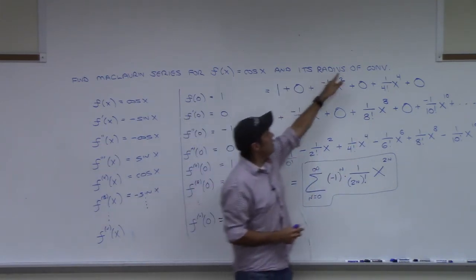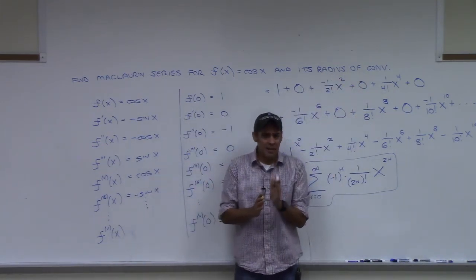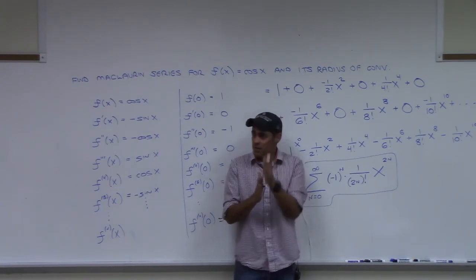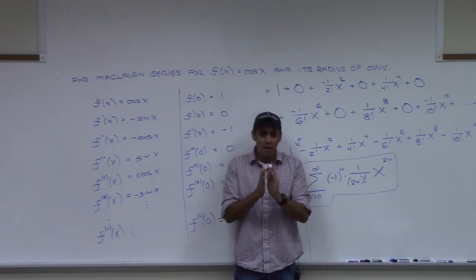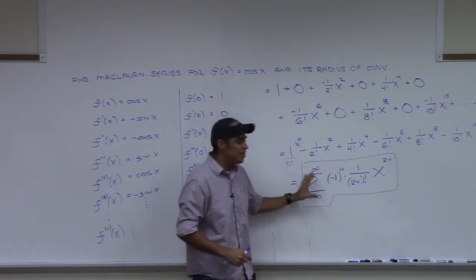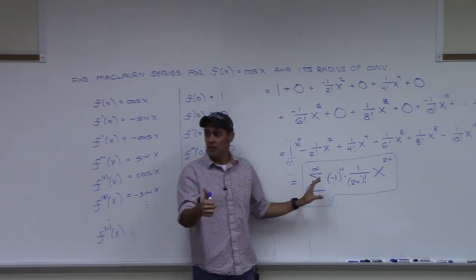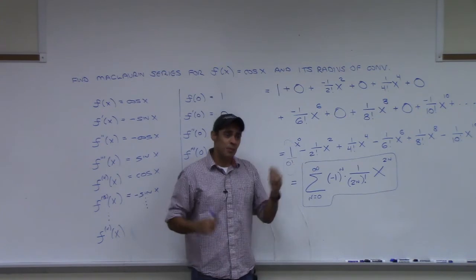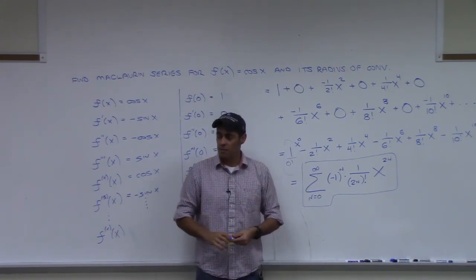This question of radius of convergence is asking how far away can we go from 0? Because remember, this is the Maclaurin series about 0. How far can we go away from 0 and still trust that this series is accurate? That's what the radius of convergence will tell us.